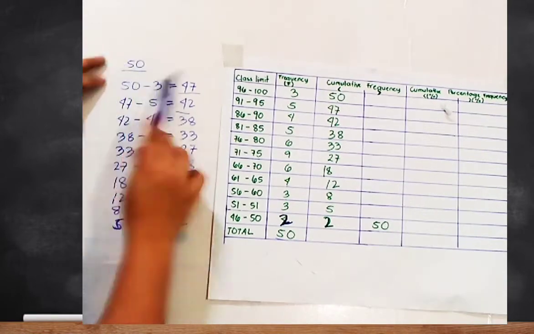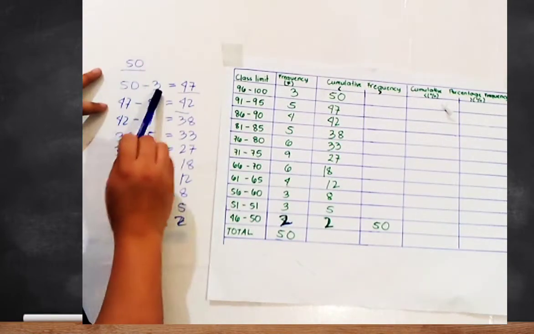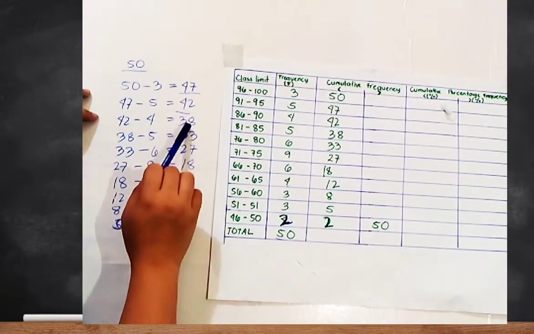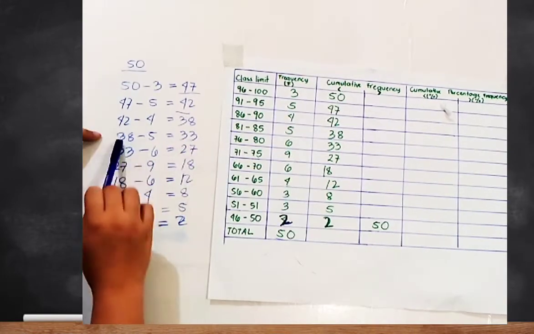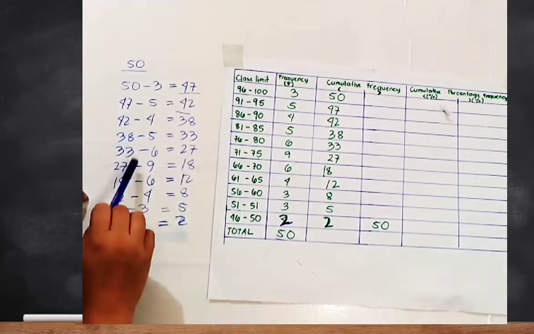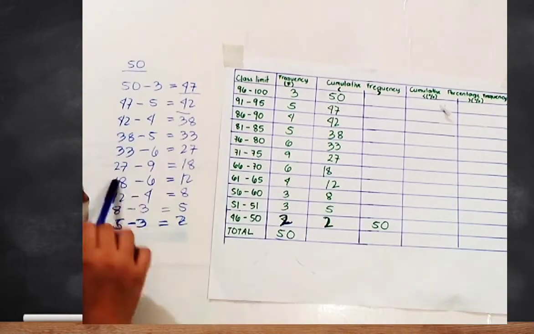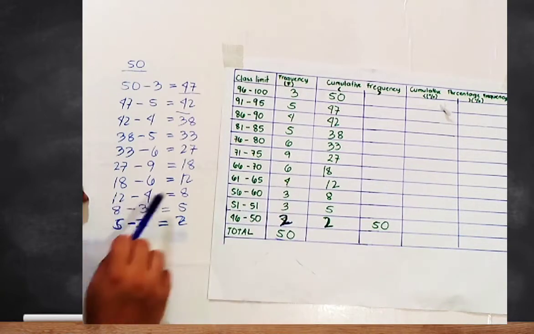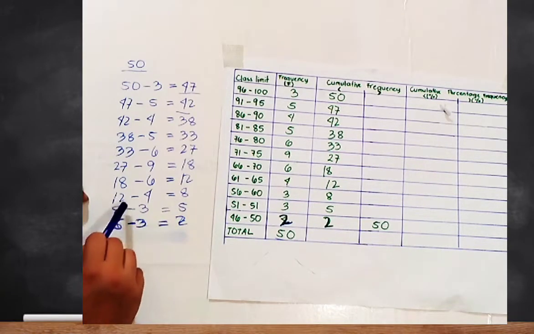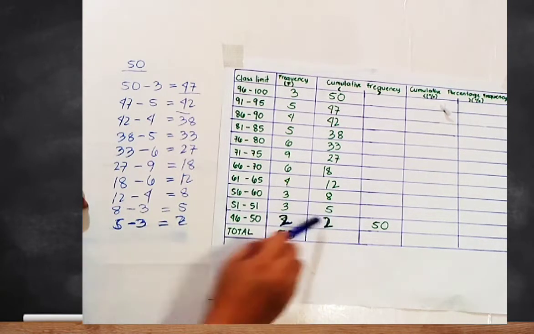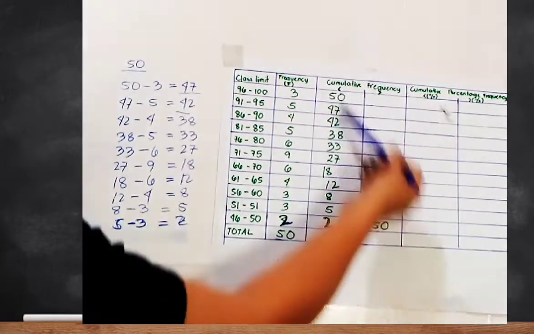We have 50. 50 minus 3 is equal to 47. 47 minus 5 is equal to 42. 42 minus 4 is equal to 38. 38 minus 5 is equal to 33. 33 minus 6 is equal to 27. 27 minus 9 is equal to 18. 18 minus 6 is equal to 12. 12 minus 4 is equal to 8. 8 minus 3 is equal to 5, and 5 minus 3 is equal to 2. So this is how to solve the cumulative frequency lesser than.